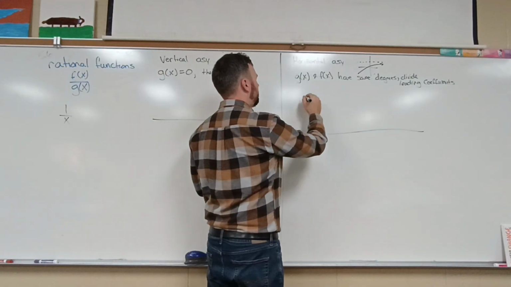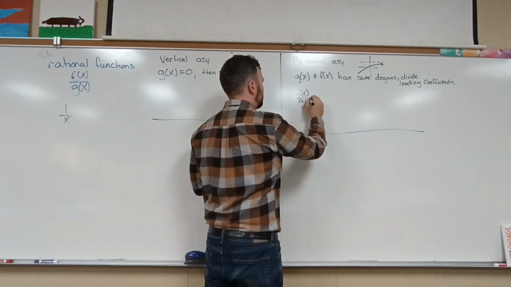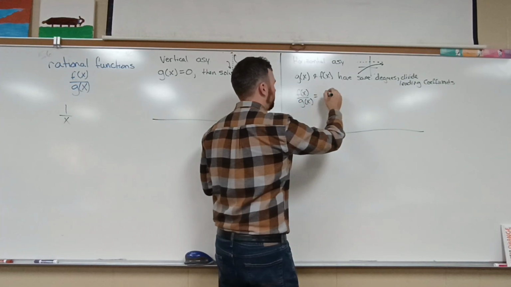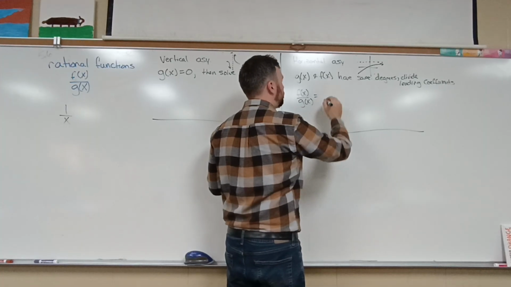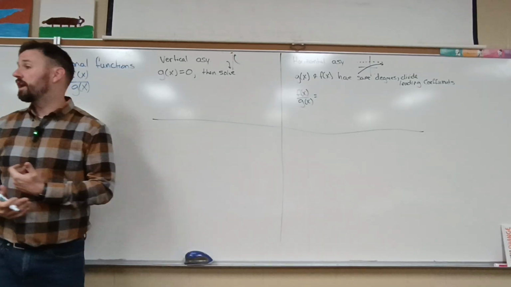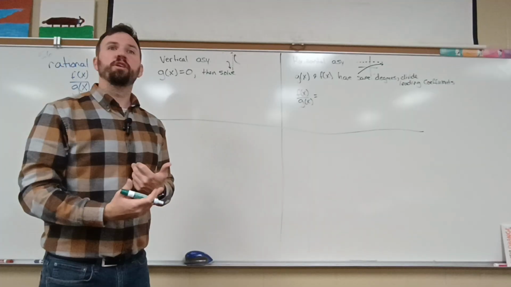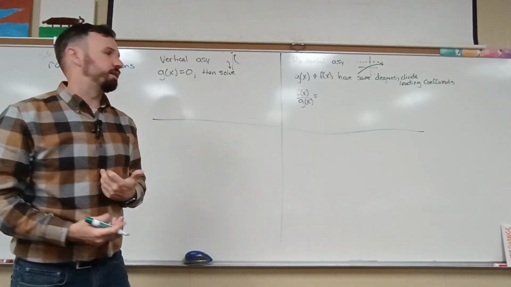So what I mean by that, we have an f of x over g of x. Do you guys want two number examples? That's probably better.